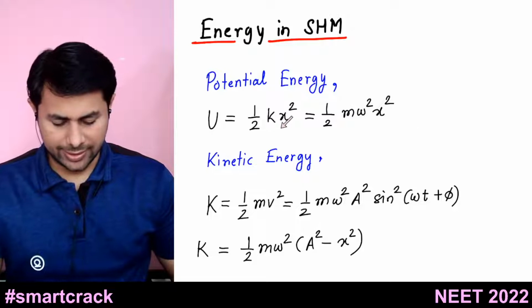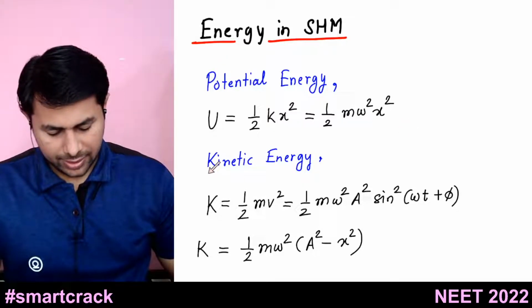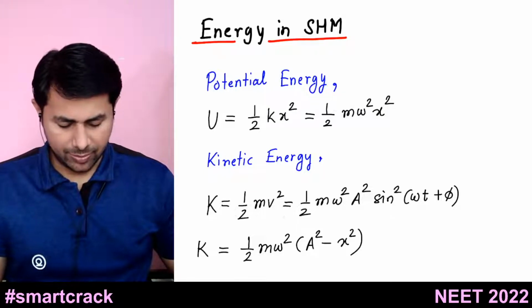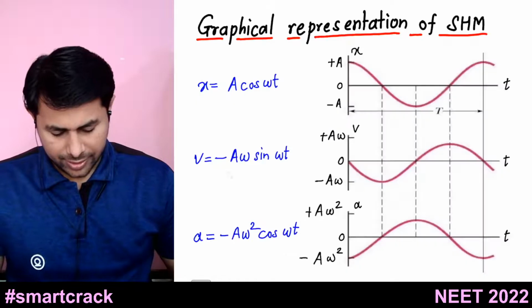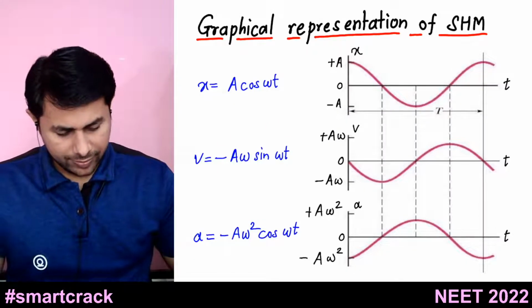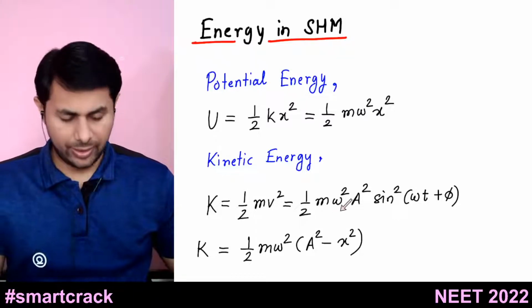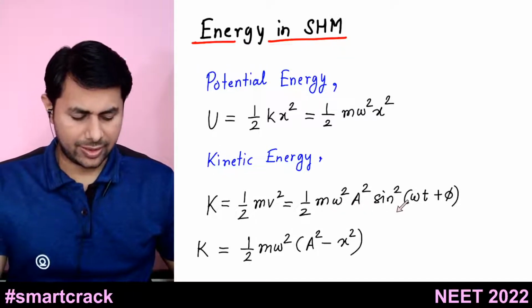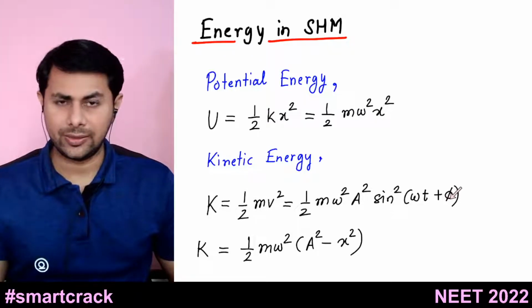So we have to memorize this formula as well as this formula. Okay, then kinetic energy is given by half m v square. So if you substitute this equation for velocity over here into v square, you will get half m omega square a square sine square of omega t plus phi. Okay, considering some initial phase phi.